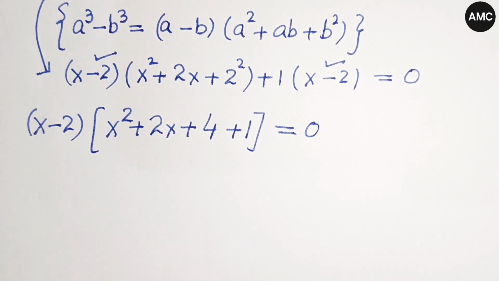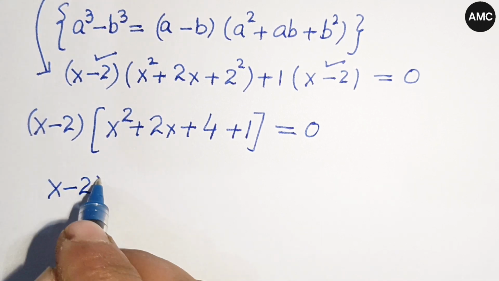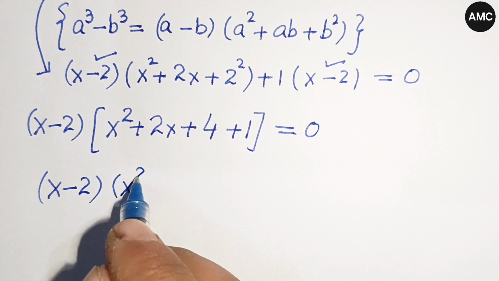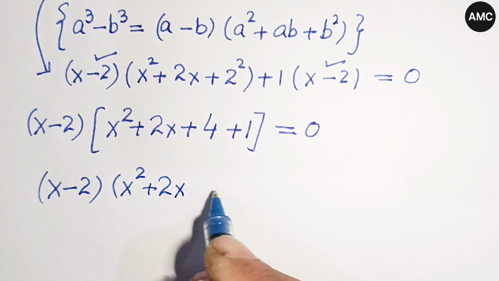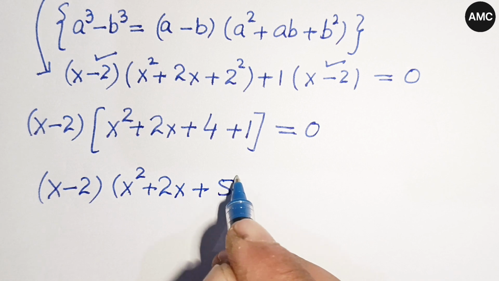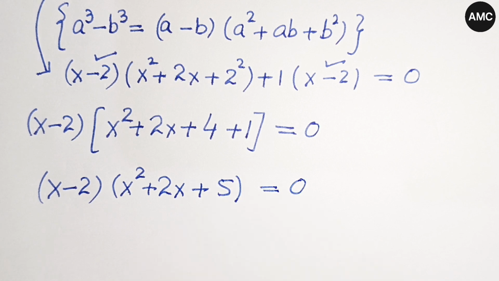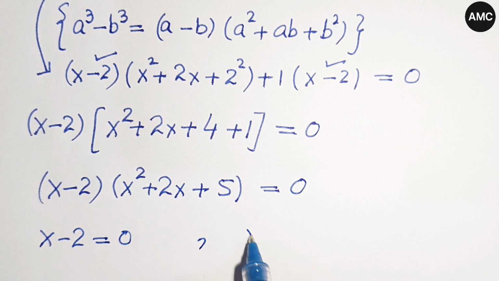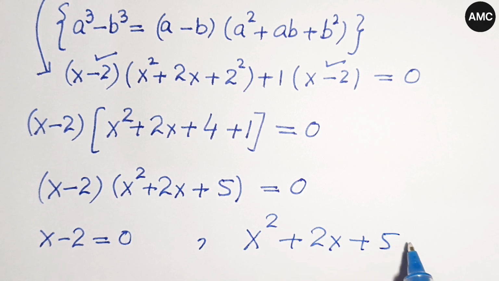Now our next step will be x minus 2 times x squared plus 2 times x plus 4 plus 1 is 5 is equal to 0. Now we have two possible cases, that x minus 2 is equal to 0, or x squared plus 2 times x plus 5 is equal to 0.